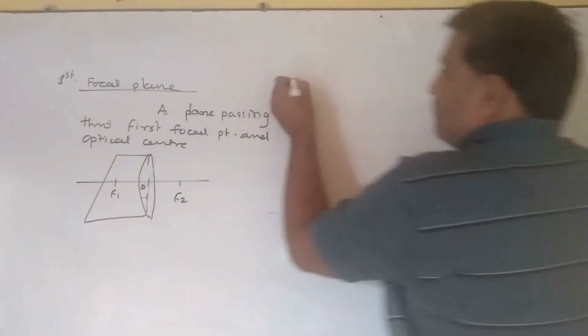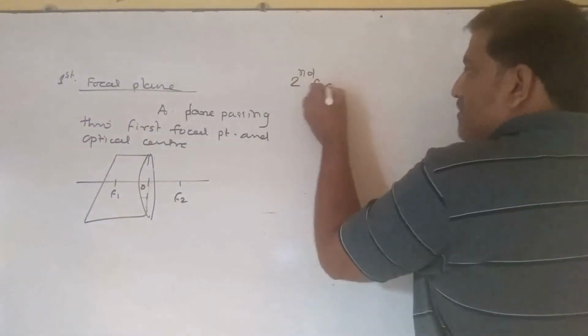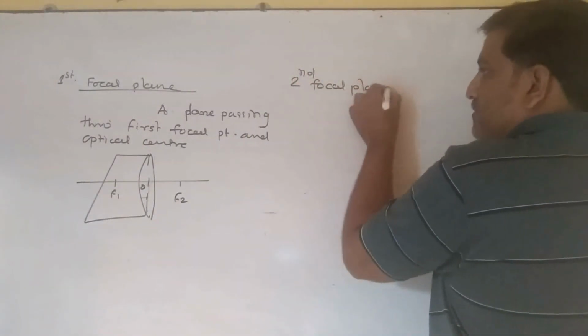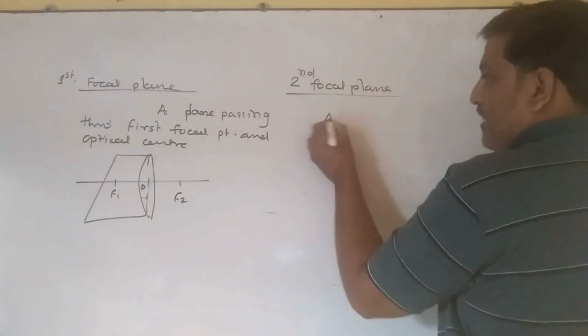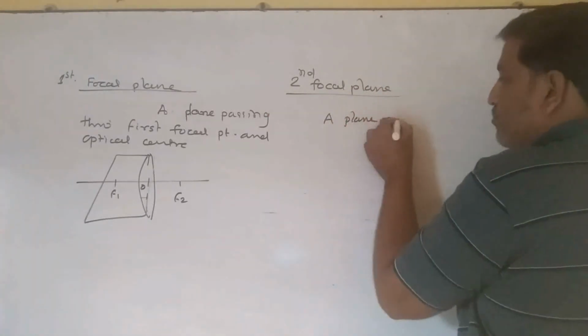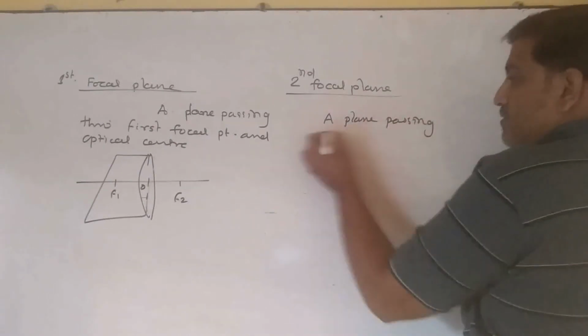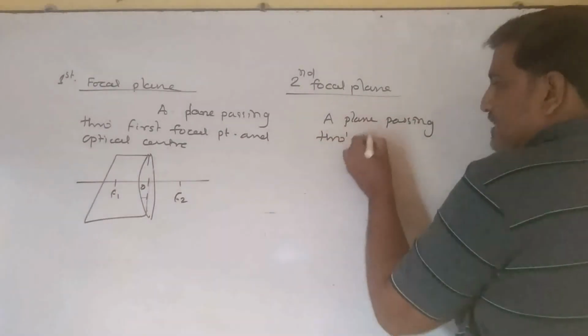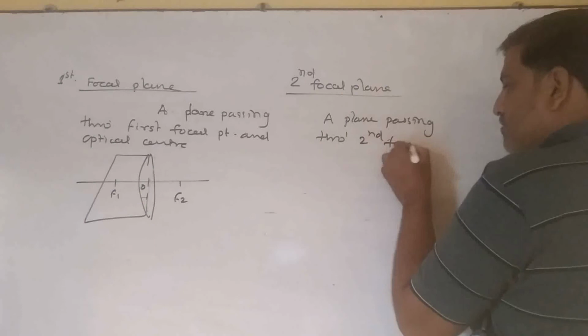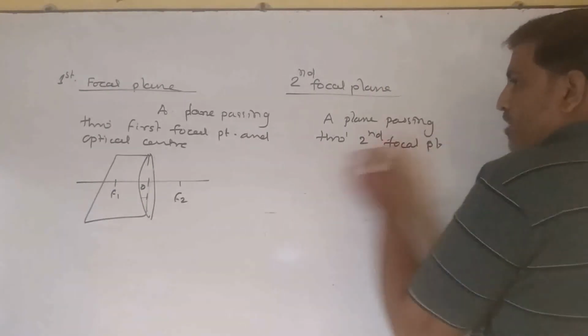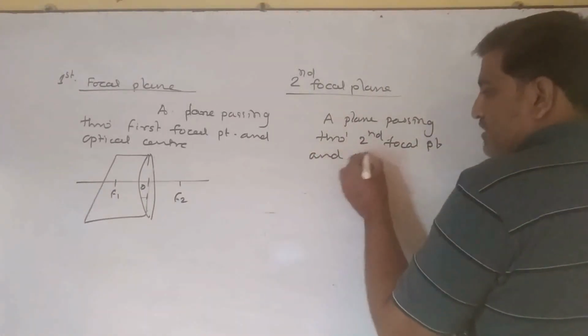Now what is the second focal plane? The second focal plane is nothing but a plane passing through the second focal point and optical center.